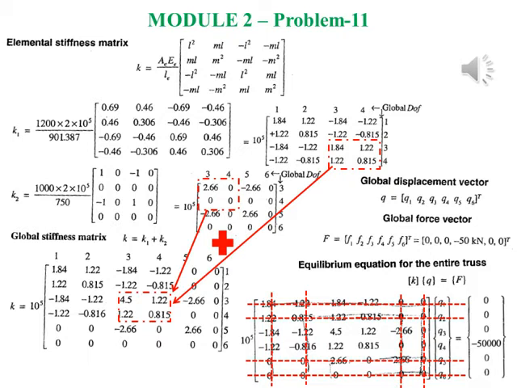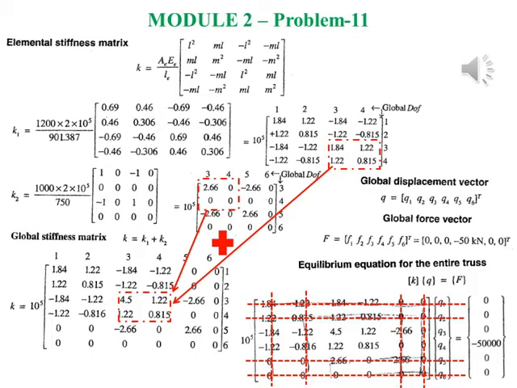So substituting the value for element 1, the value of A will be that of the element 1, which is equal to 1200 millimeter square. Similarly, E value is 200 gigapascals, so 2 into 10 power 5, and L value we have calculated, which comes to 901.387.